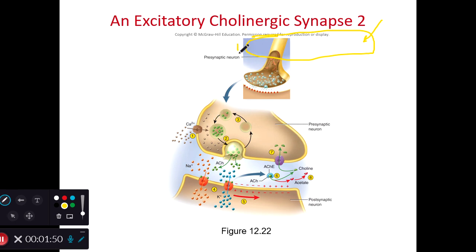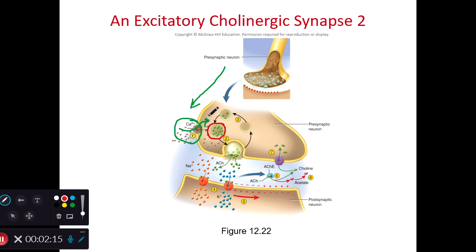So we're going to have the action potential. Let's shift to bright green here and clear the screen. We're going to have our action potential reach the end of the axon terminal. When it reaches the end of the axon terminal, calcium voltage-gated channels open up and calcium ions rush into the cell. Those calcium ions, I'm going to shift to red, are going to bind to the synaptic vesicles.